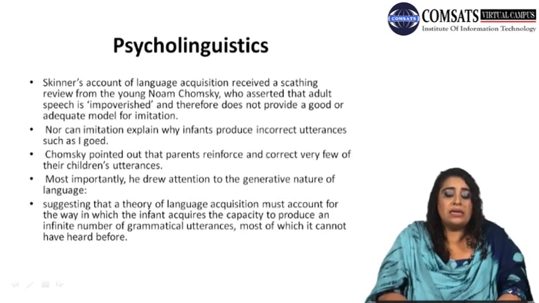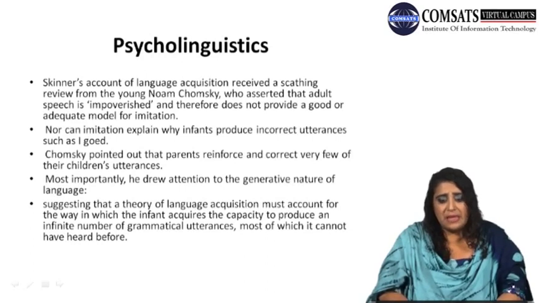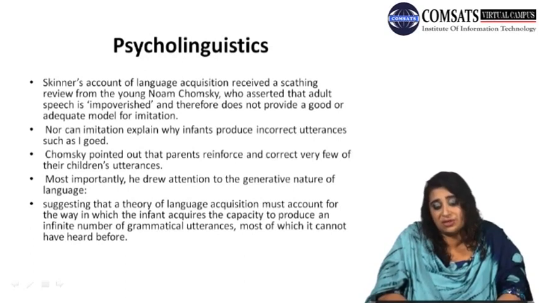That means Noam Chomsky was not pleased by Skinner's account of how language is acquired. He asserted that adult speech is improvised, so it does not provide a good, adequate model for imitation for a child.